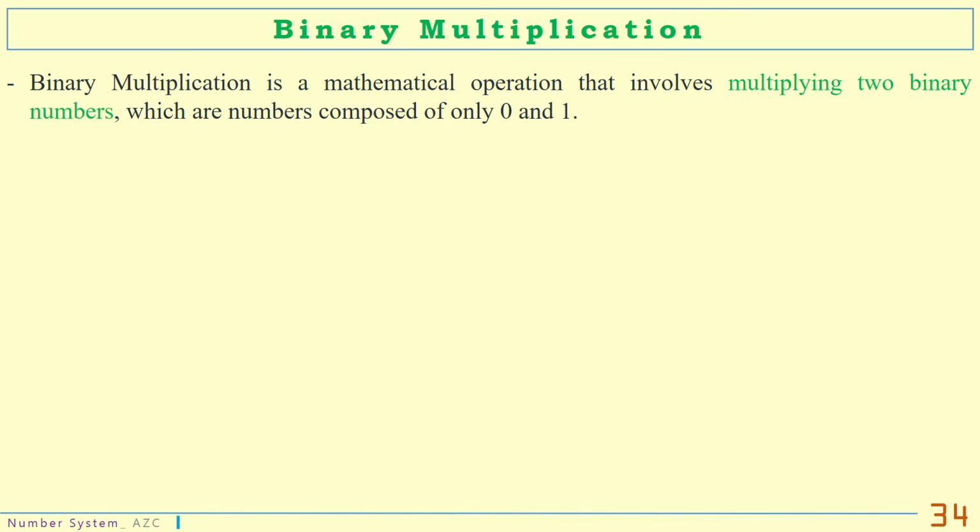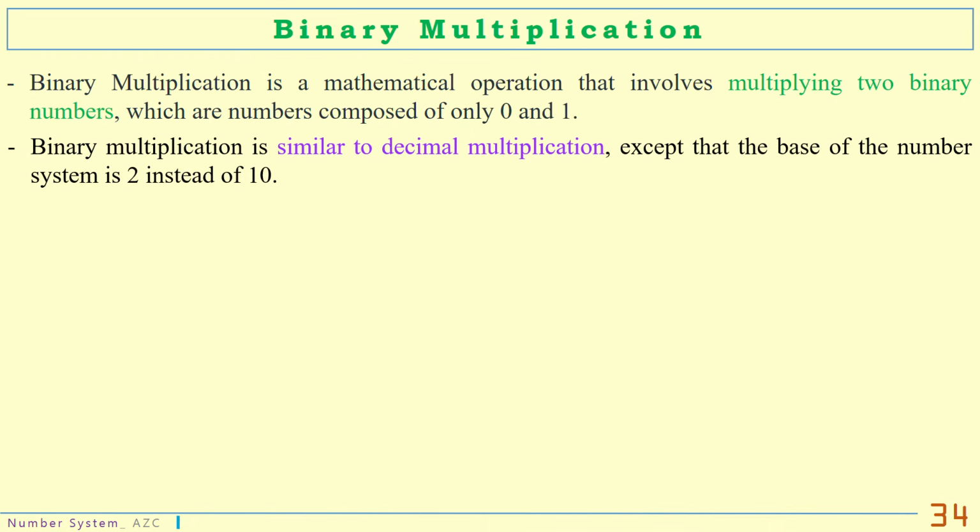Binary multiplication. Binary multiplication is a mathematical operation that involves multiplying two binary numbers, which are numbers composed of only 0 and 1.